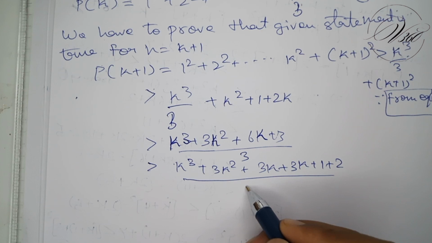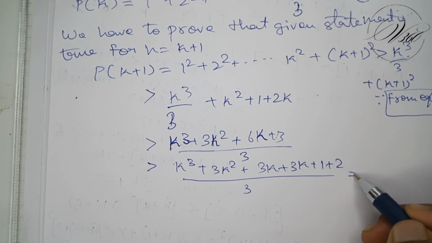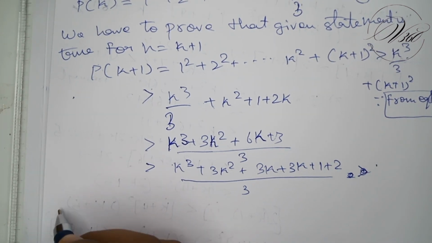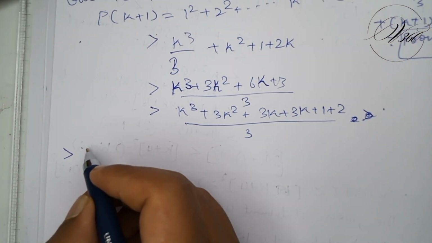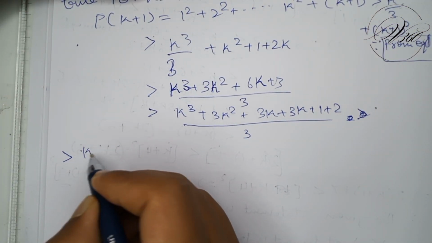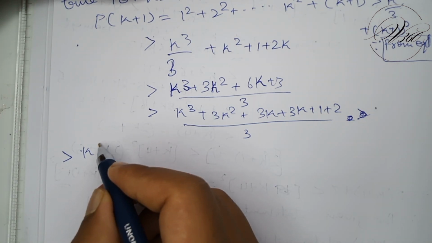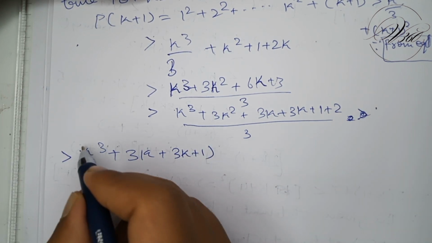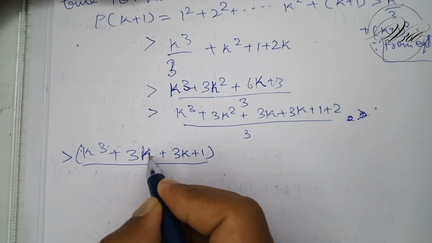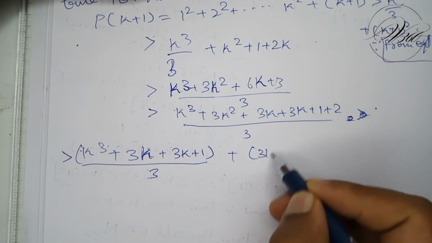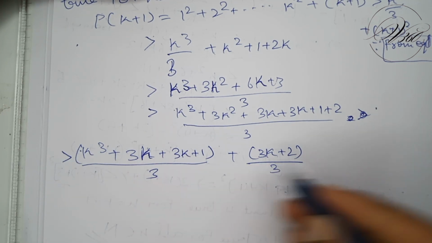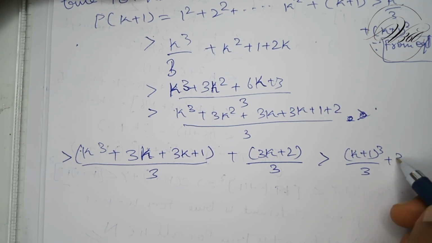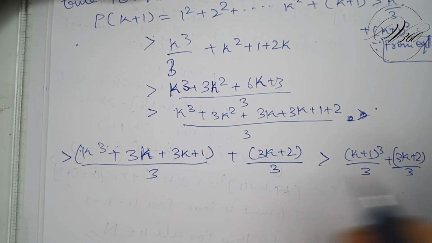We can divide this now like this by 3, which is greater than k cube plus 3k square plus 3k plus 1 by 3 plus 3k plus 2 by 3, which is greater than k plus 1 whole cube by 3 plus 3k plus 2 by 3.